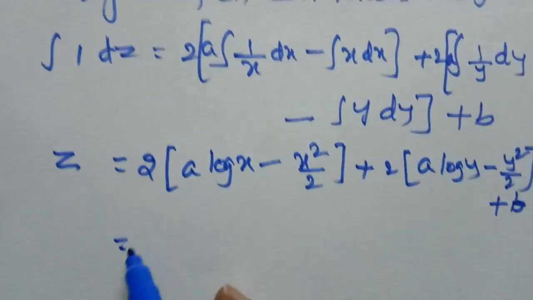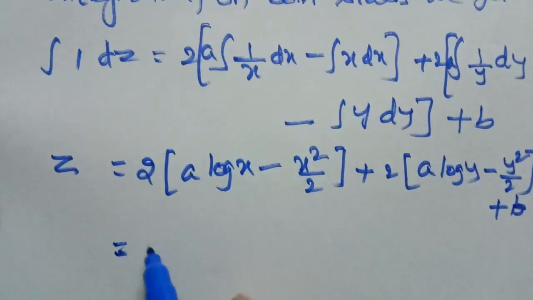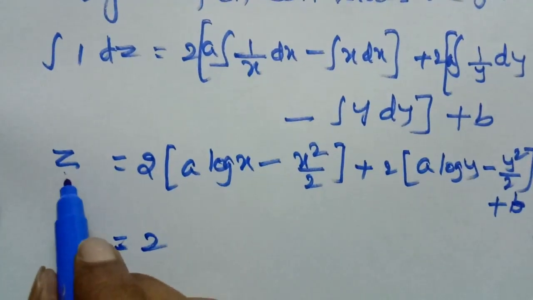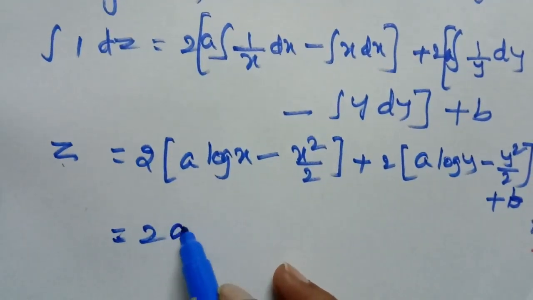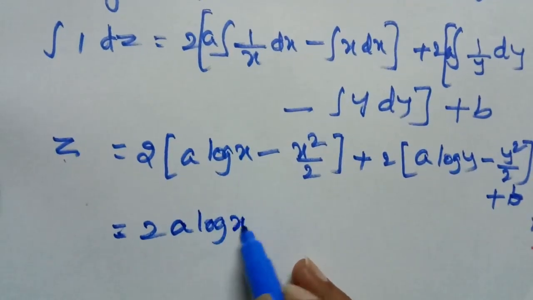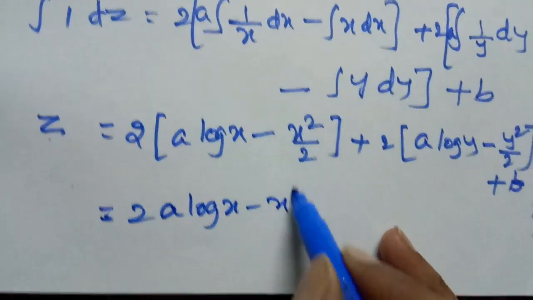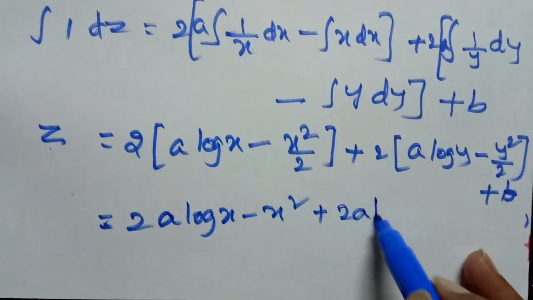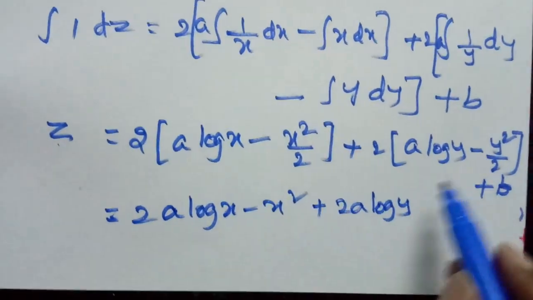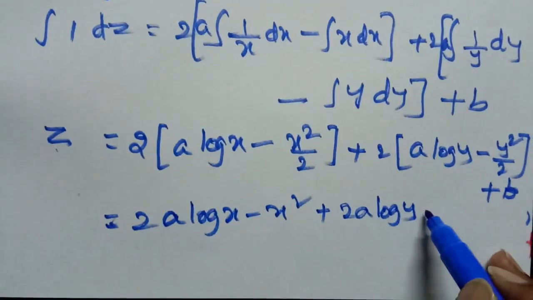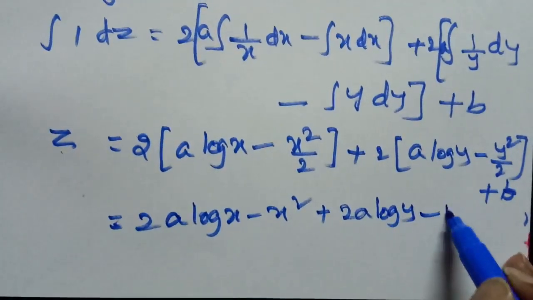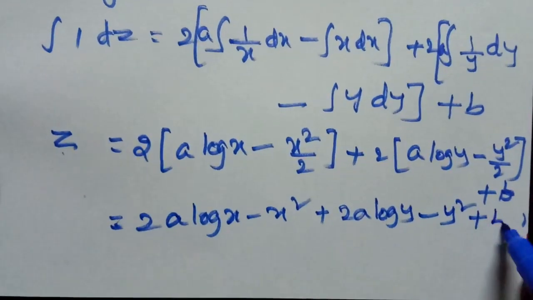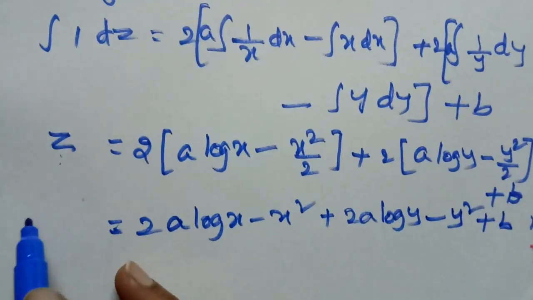Multiplying, this can be written as 2a log x minus x square plus 2a log y minus y square plus constant of integration.